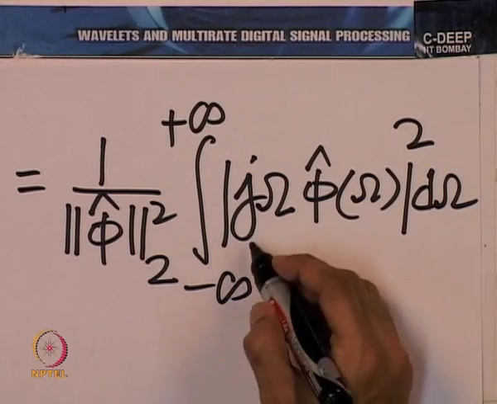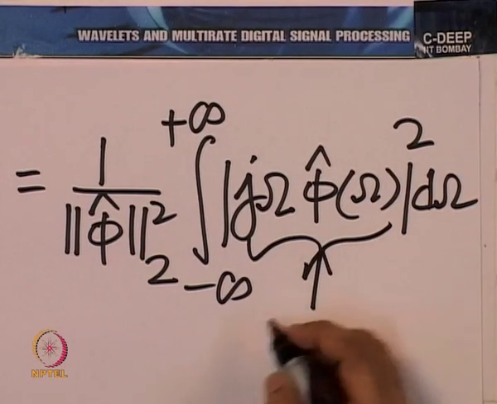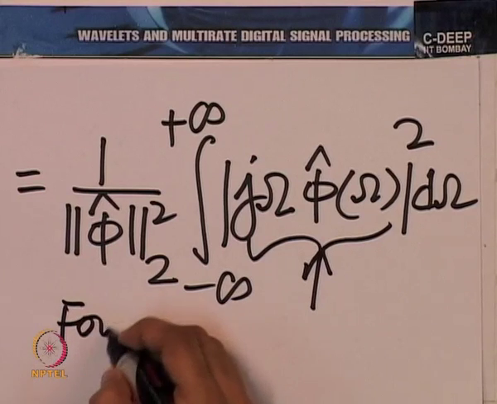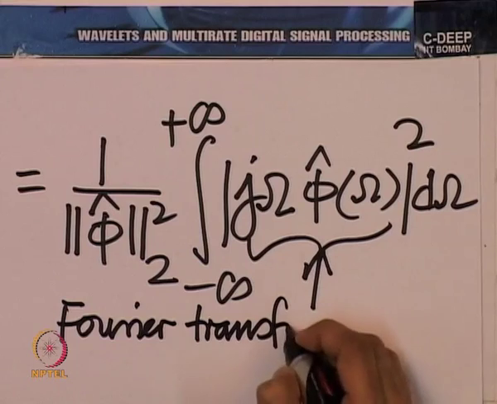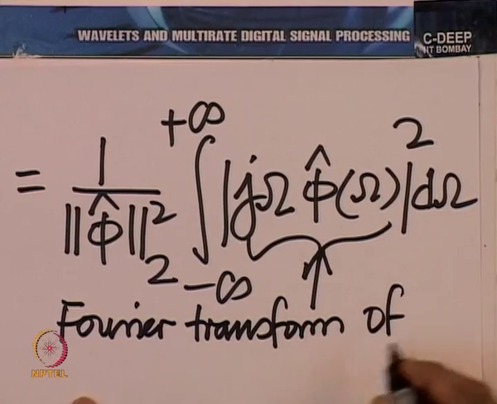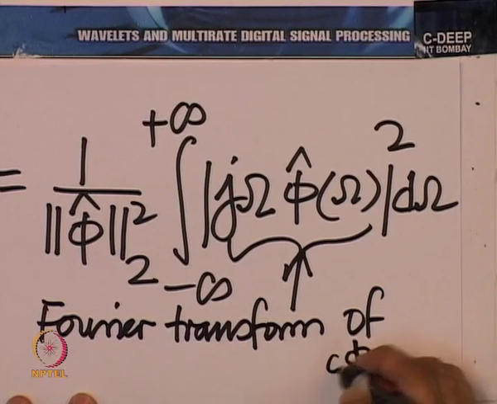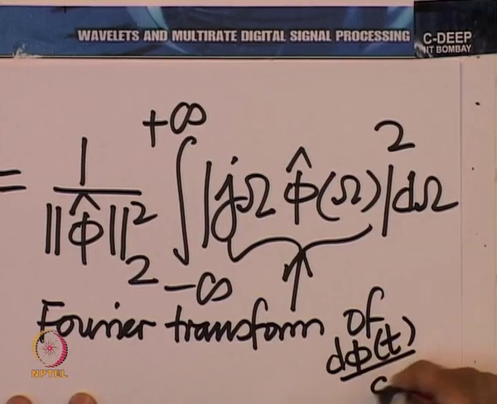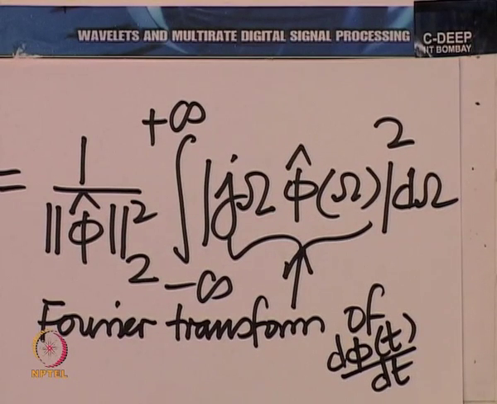But then when we write it like this, this has a meaning. It is essentially the Fourier transform of d phi t dt, the Fourier transform of the derivative of phi.